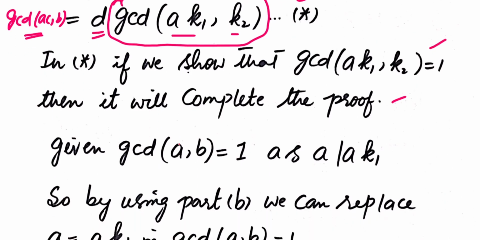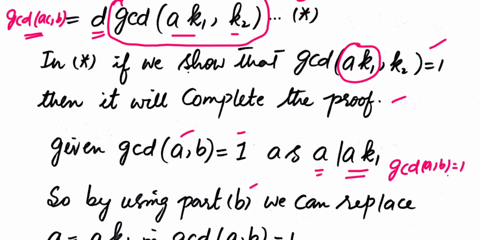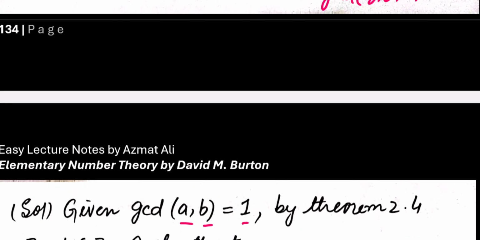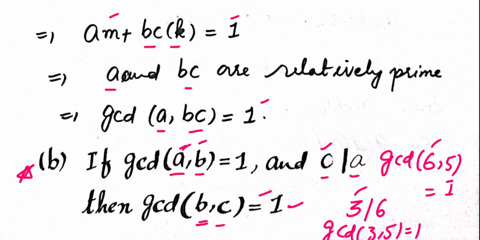It is given that the GCD of A and B is equal to 1. As it is obvious that A always divides A times k1, A times k1 being the first number of this expression, we can use part B. Part B says if the GCD of A and B is equal to 1 and C divides A, then we can replace A with C, and the GCD of B and C is equal to 1 also.